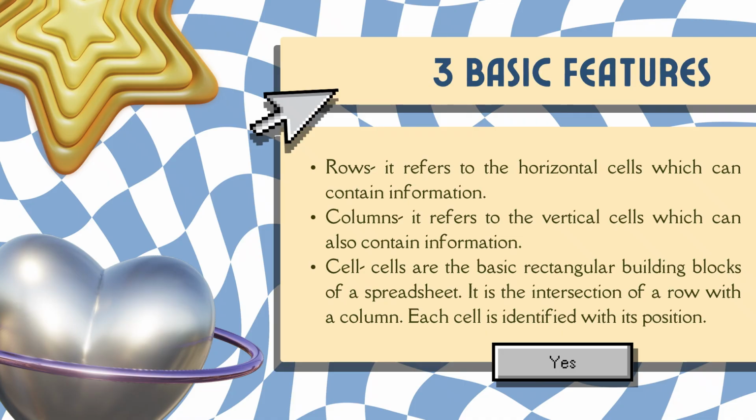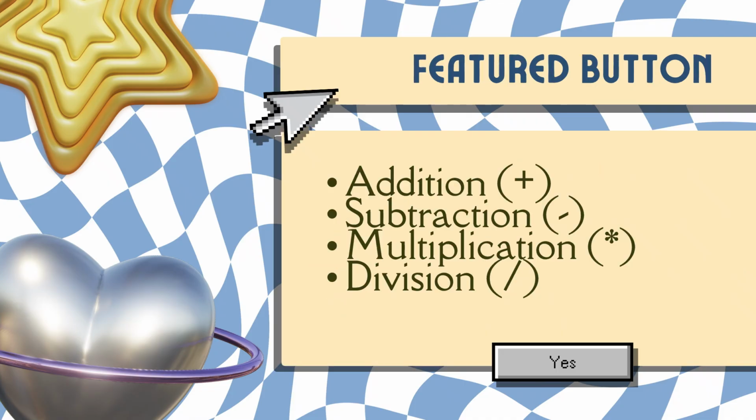It is the intersection of a row with a column. Each cell is identified with its position. As you can see, there are four featured buttons. So these are the addition, subtraction, multiplication, and division.